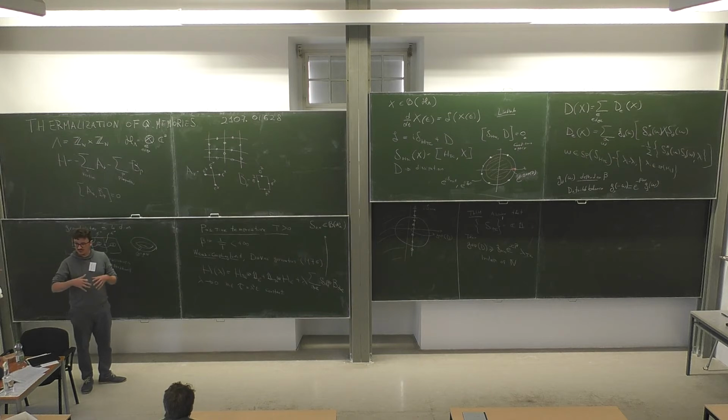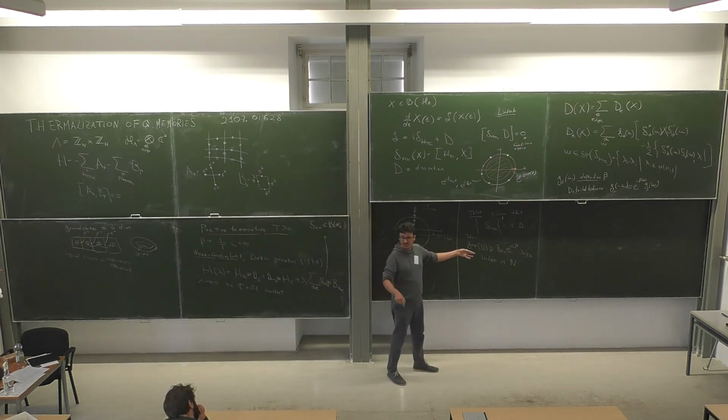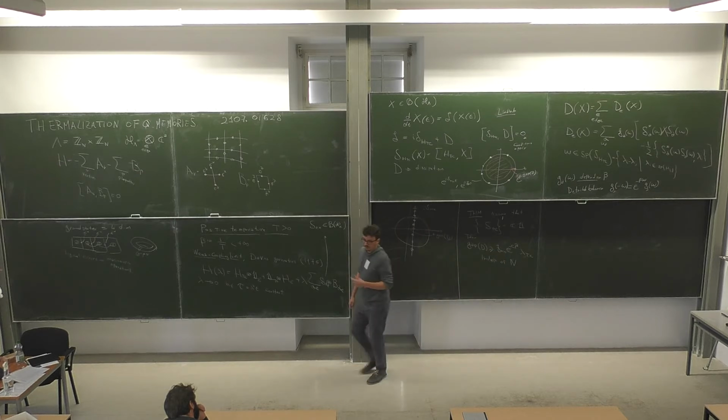Because then you can create larger errors and move them faster. And this result says even single site noise is actually pretty good at thermalizing very well. It doesn't scale with N, which means it doesn't matter how big this system is, the relaxation time is this one.